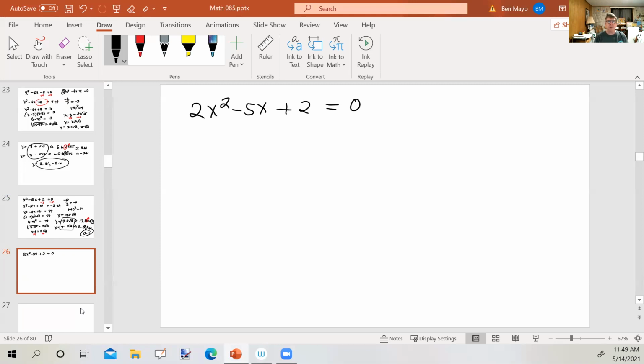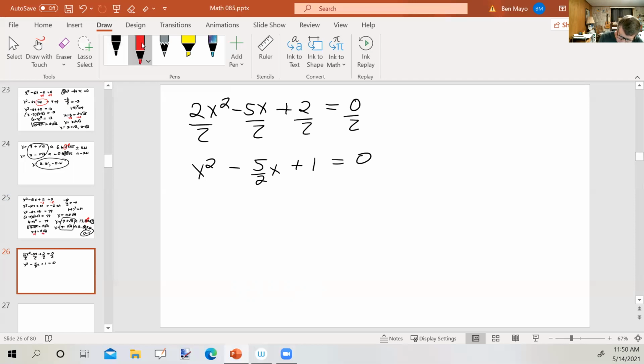So I need to change the leading coefficient into a 1. I'm going to divide each term by that leading coefficient. This gives me x squared minus 5 halves x plus 1 equals 0. So now my leading coefficient is a 1.